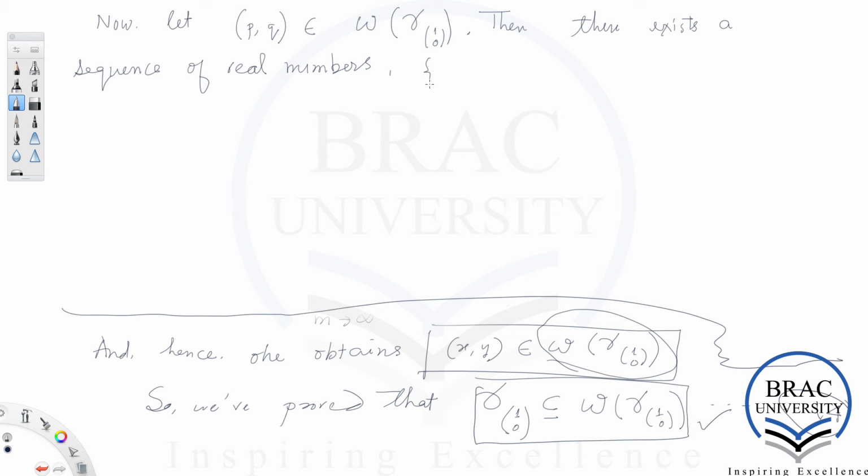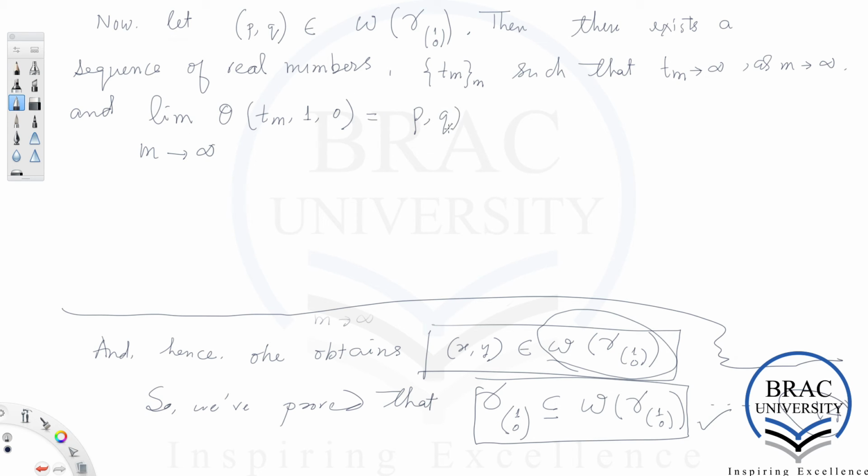We know that there exists a sequence of real numbers Tm such that Tm goes to infinity as m goes to infinity, and the limit of this expression as m approaches infinity is equal to p comma q.